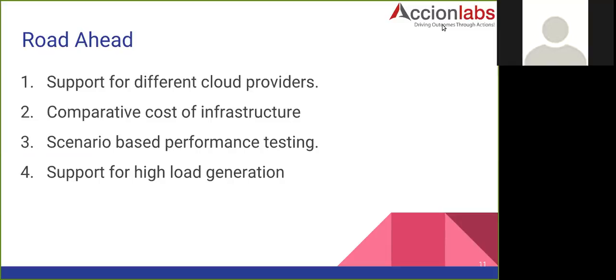I don't even know whether it's REST API based, but assume that it does support REST APIs. And I want to move to AWS. What will be my effort to use Perfaccion to understand what specific instance type I could use?